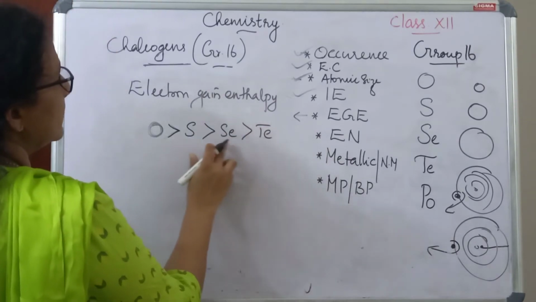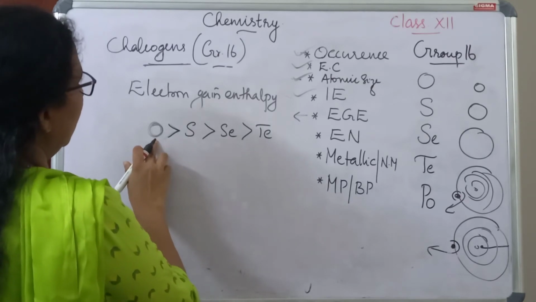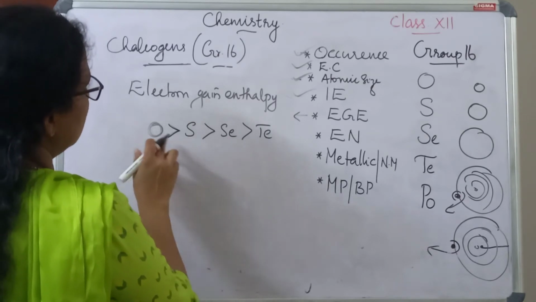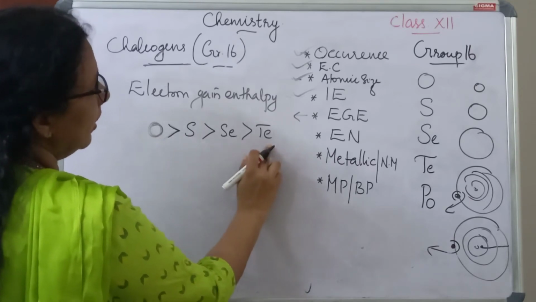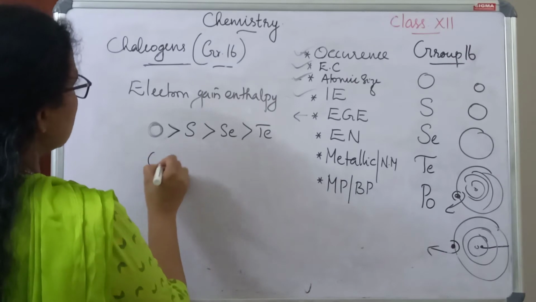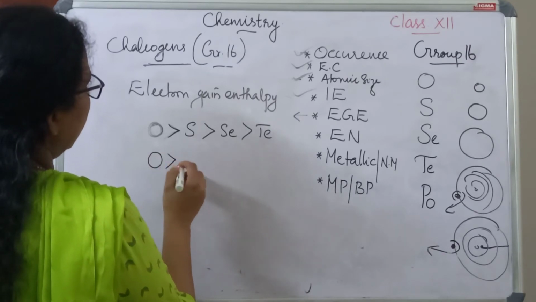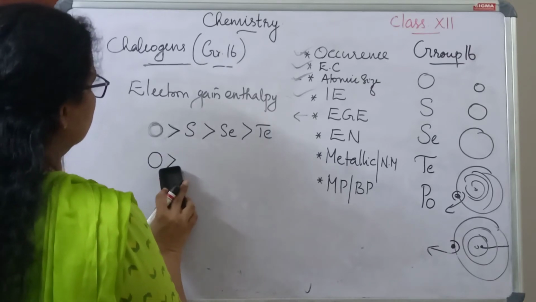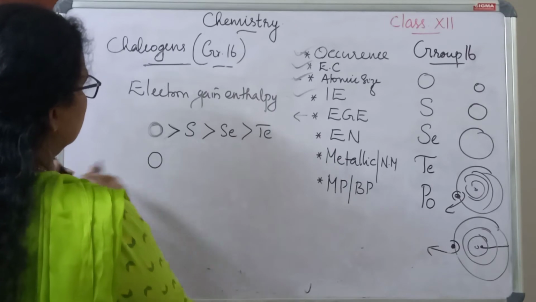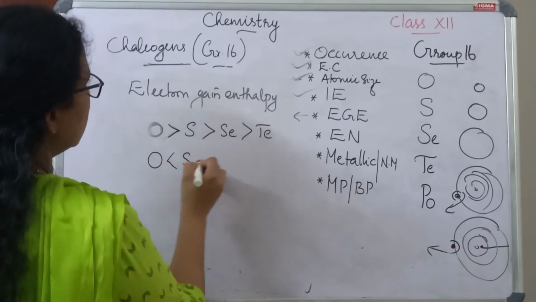Oxygen, sulfur, selenium, tellurium. Here we expect oxygen to have the most electron gain enthalpy, decreasing down the group. But actually oxygen has less electron gain enthalpy than sulfur.